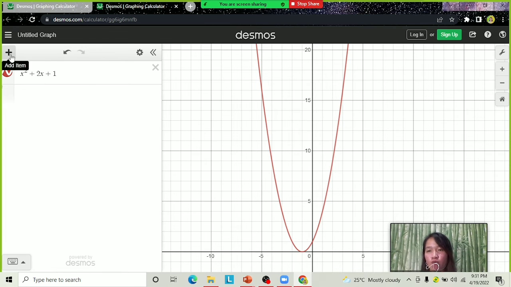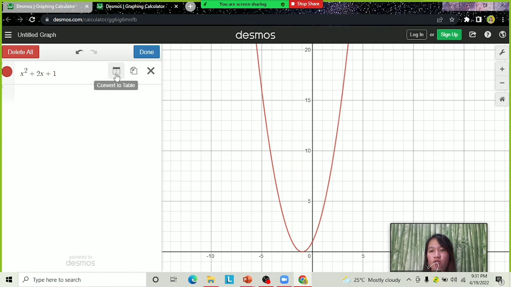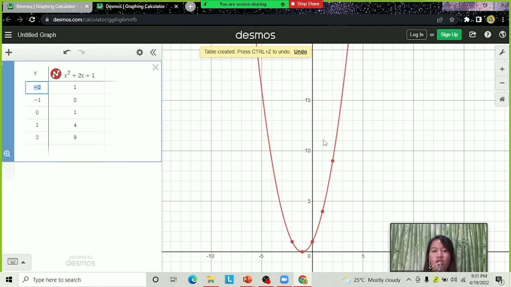But if you are going to view the table, then here are the points. These are the ordered pairs: 2 and 9, and 1 and 4.